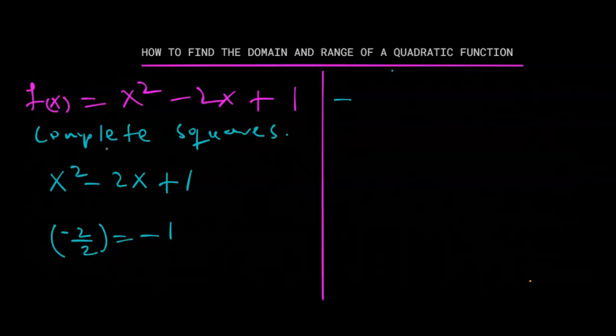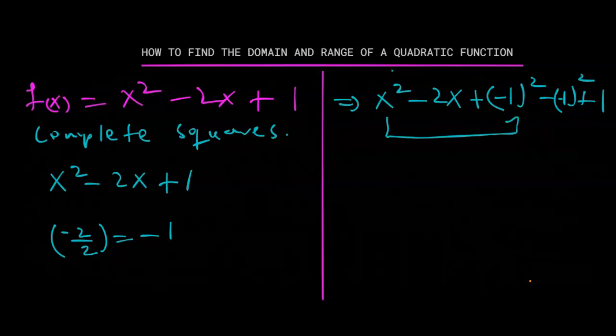And so we are going to write this expression as x squared minus 2x plus minus 1 squared, that is the half squared. We are adding it, and then I want to subtract it again. I haven't done anything to it. Minus 1 squared, and then I have plus 1 here. Then I'm going to take this and that because it gives us the whole squared expression.